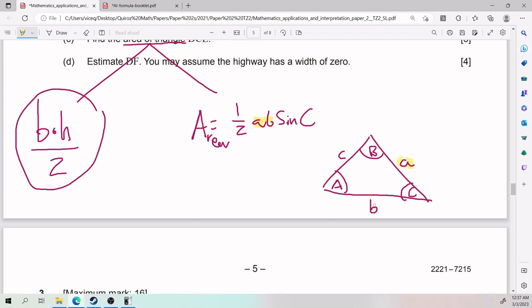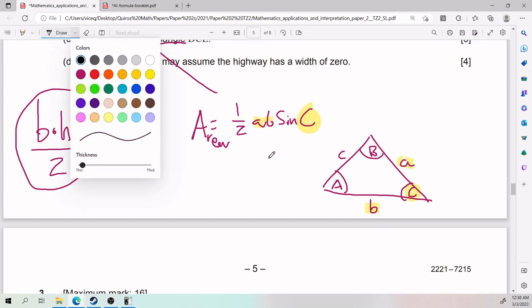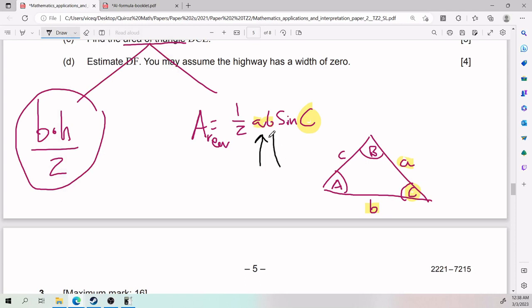So boom and boom. Big C, where's big C? It is here. Notice that big C is in between the two sides. Whatever you define to be A, whatever you define to be B, you need the angle that is in between them in order to make this work.